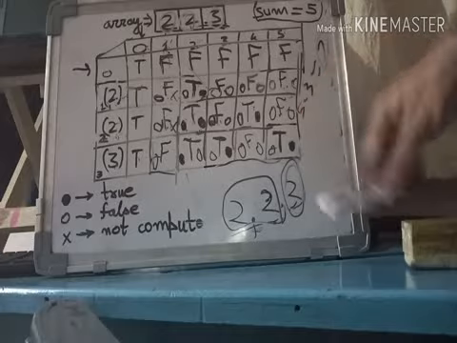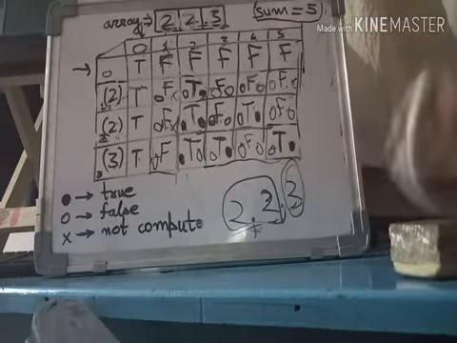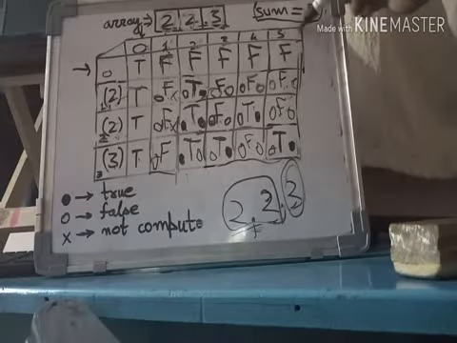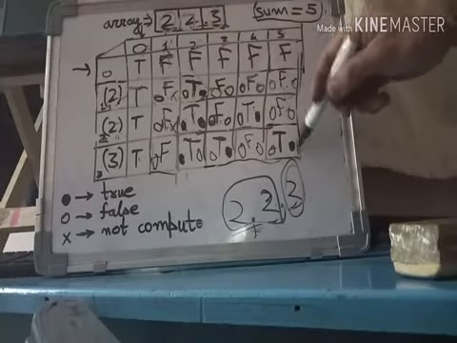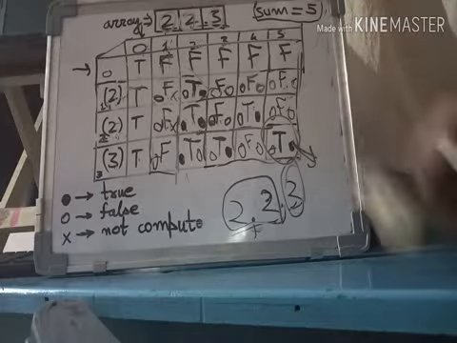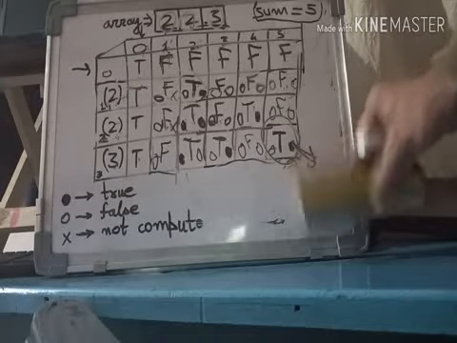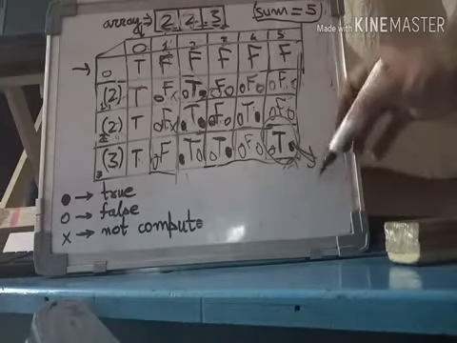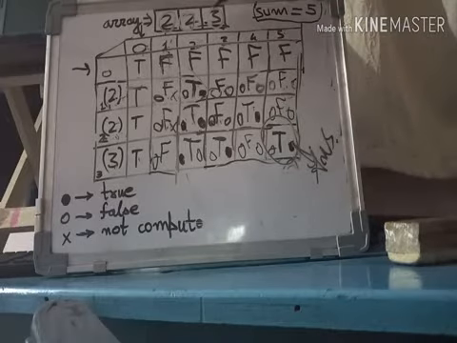It's not our business to check that, but if it's coming true in the last block corresponding to the sum 5 and the last element, then I'll return the value in this block. This would be my answer. So yes, it's true that there are possible subarrays whose sum could be 5.